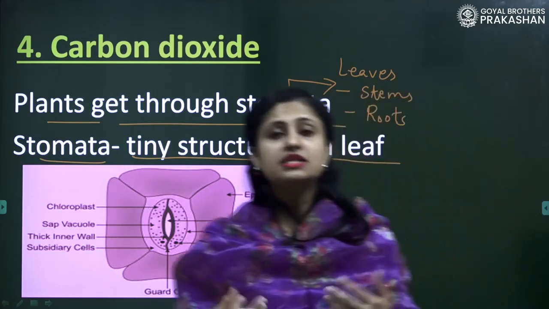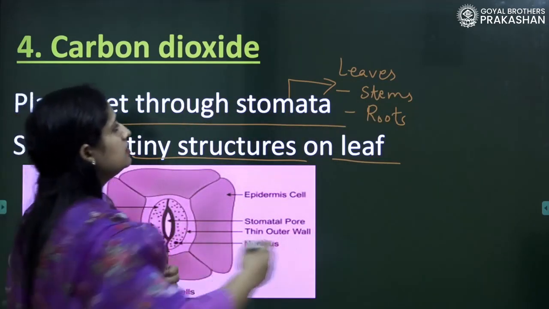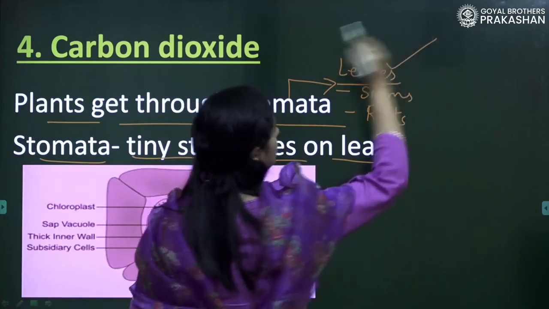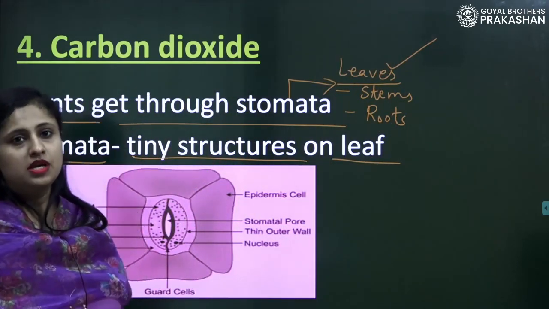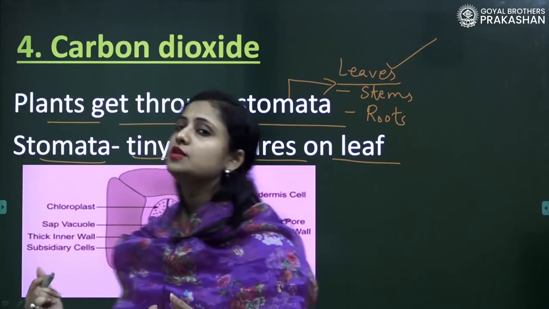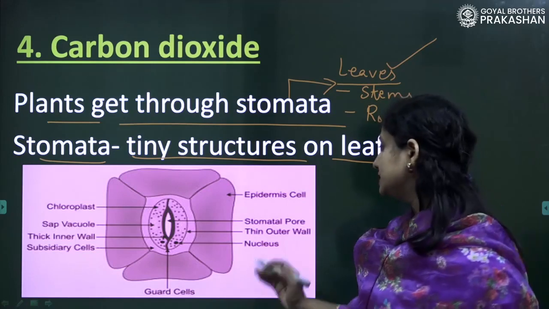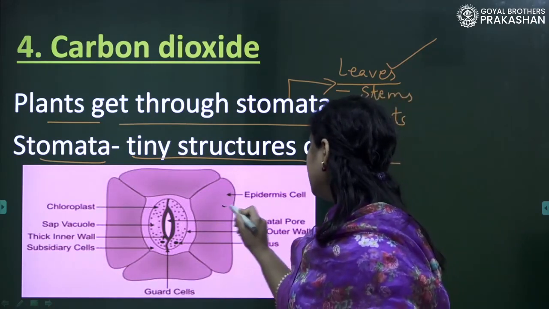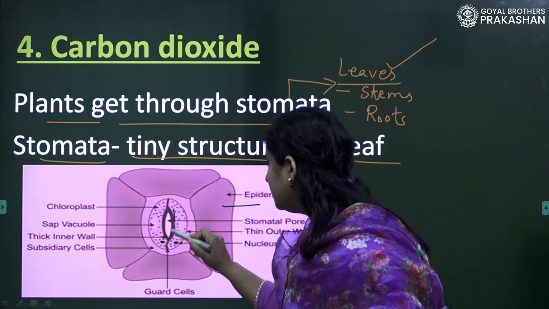But the massive amount of gaseous exchange occurs through the surface of leaves with the help of stomata. So, let's see the structure of stomata. In the structure of stomata, if you could see, this is the epidermal cell. This is the stomatal pore.